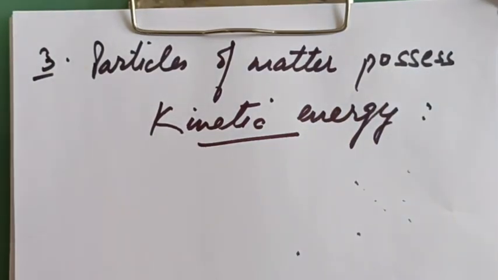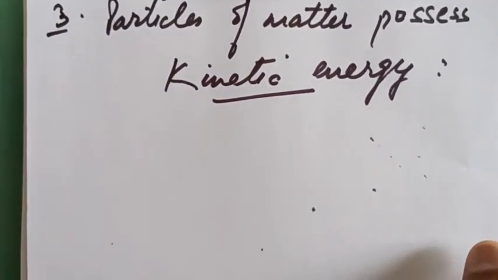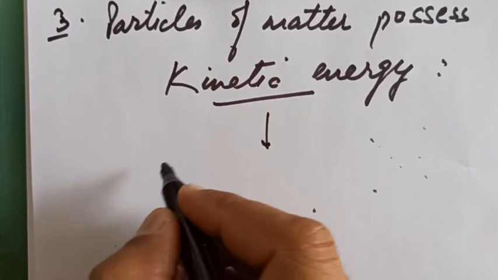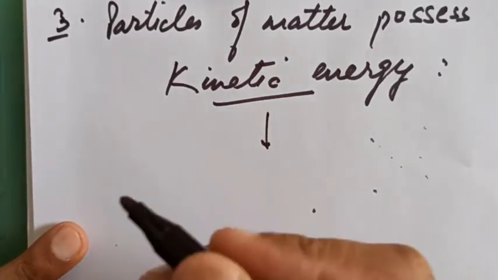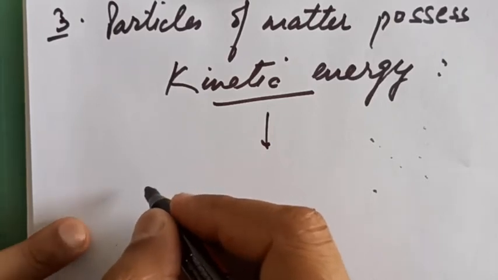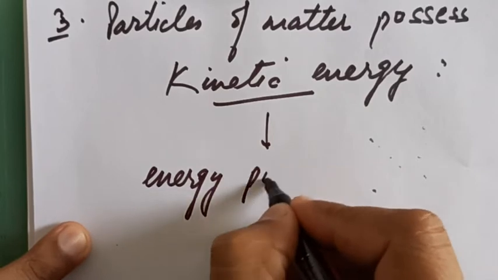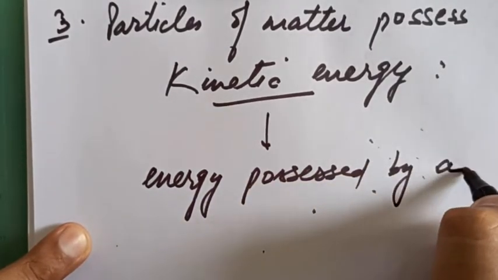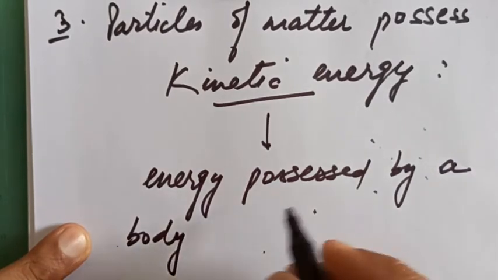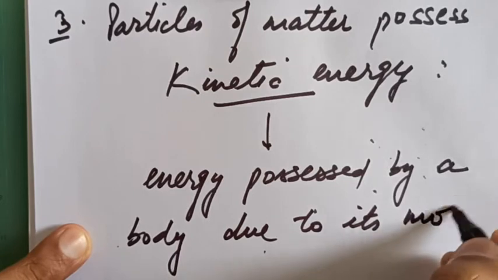What do you mean by kinetic energy? It is a term of physics only, but it is also used in chemistry. Kinetic energy, beta, is a type of energy, that is, the energy possessed by a body. It is defined as the energy possessed by a body due to its motion.